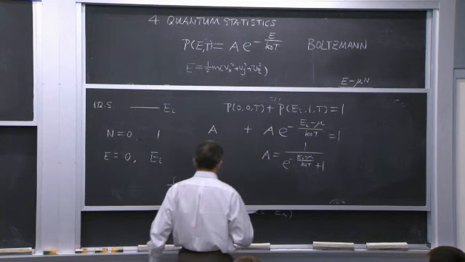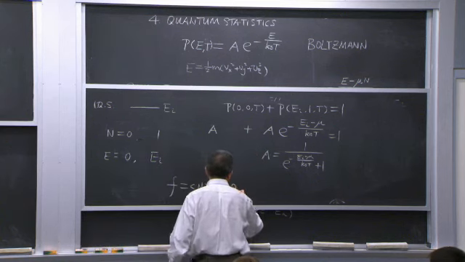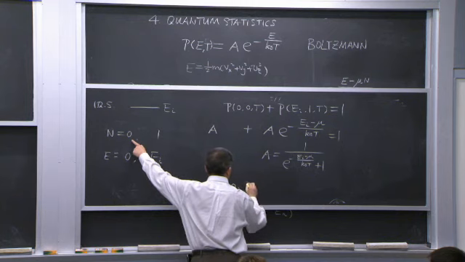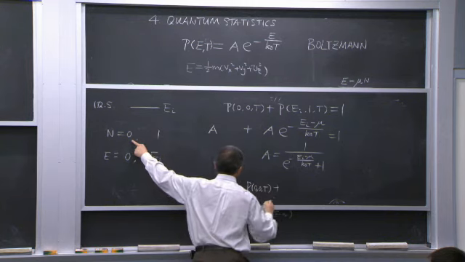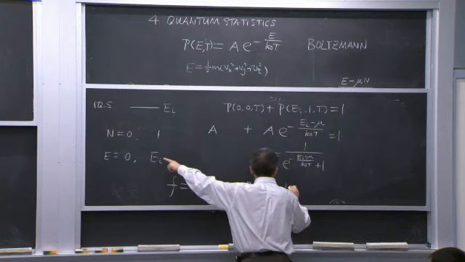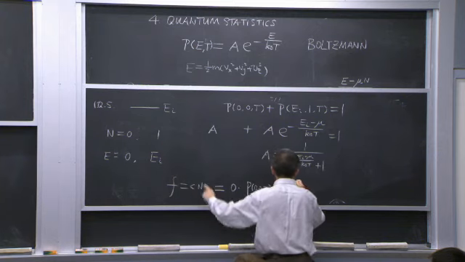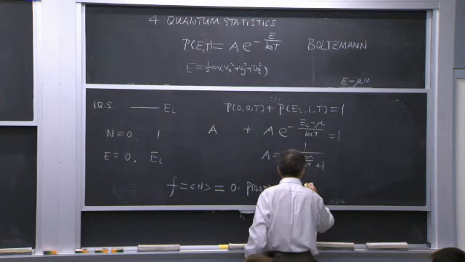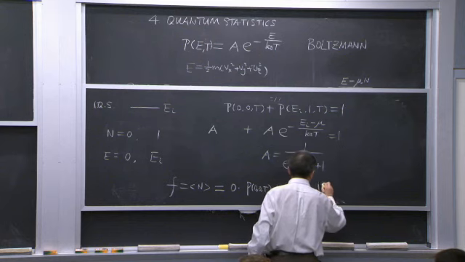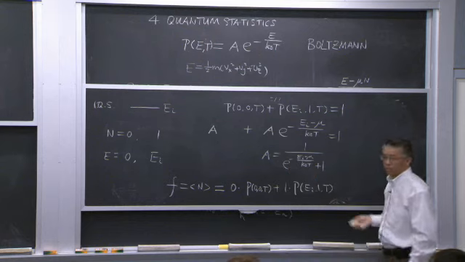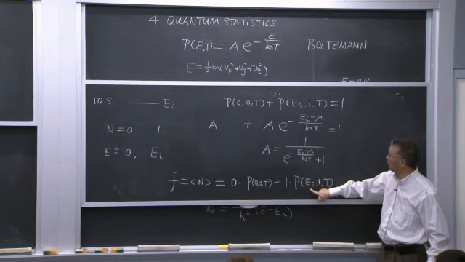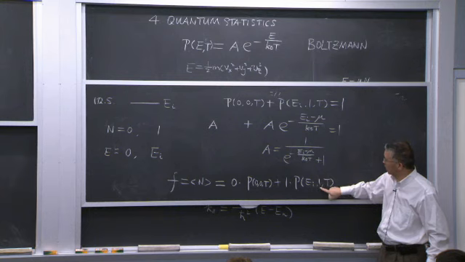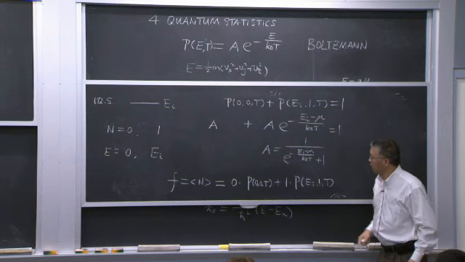So that is 0 times P(0,0,T) plus 1 particle times P(EI,1,T). That's my average number of particles, because this is the probability when the state is fully occupied.